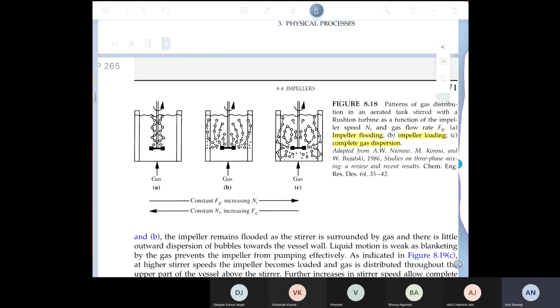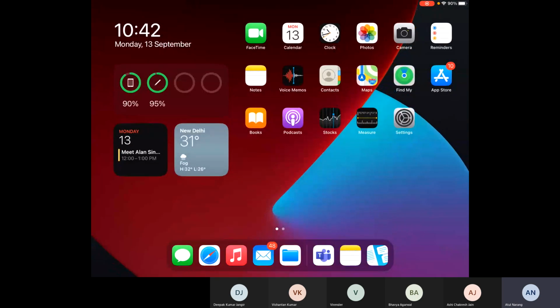Correct? And conversely, if you hold n sub I constant and increase G, then you move in the inverse direction. Well, how does that show up on this figure?